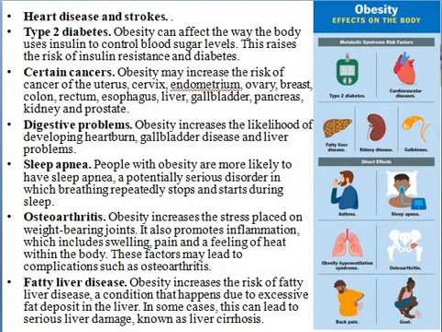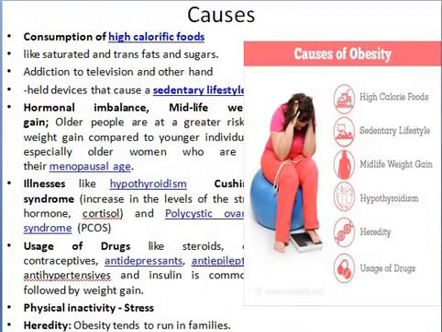What are the common signs and symptoms or causes for these things? When we consider the causes, it is mainly because of consumption of high calorie food and taking more sugar soft drinks.